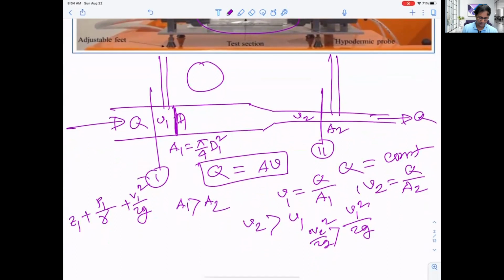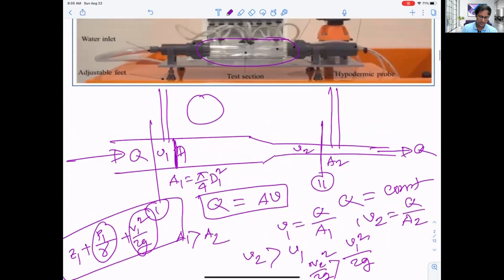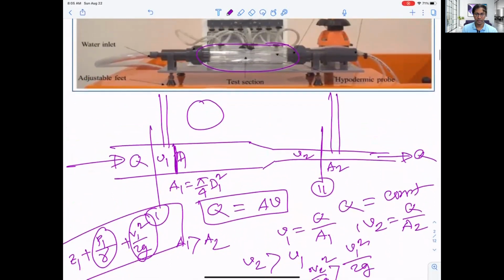If this is increasing, the other must decrease in order to keep the whole summation constant. So the pressure head will be increased here, and the velocity head will be decreased, but at this location the velocity head will increase, and the pressure head will be decreased.